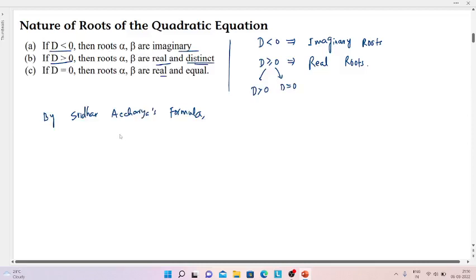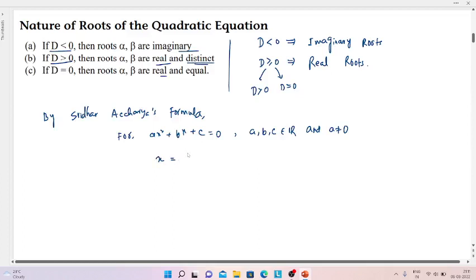what we'll get for the quadratic equation, which is ax square plus bx plus c equals to 0. Obviously the conditions will be a, b, c should be real numbers and a should not be equals to 0, right? Then what is the value of x?